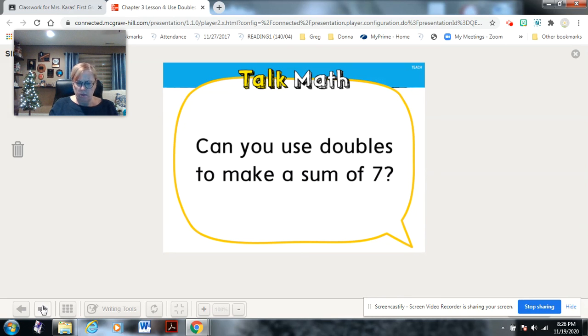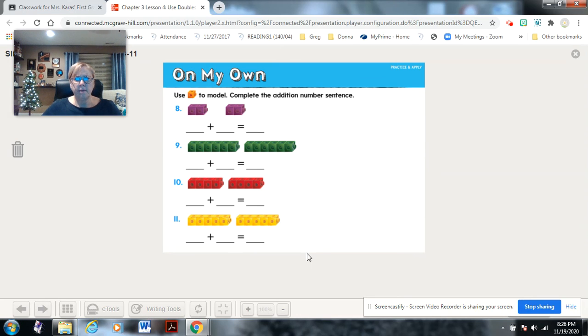Let's see. 4 plus 4 is 8. This is 6 and 8. No, you can't use doubles to make a 7. Interesting. We'll have to look more into that as time goes on.